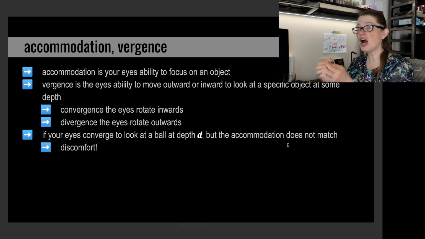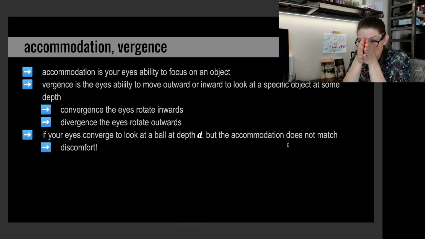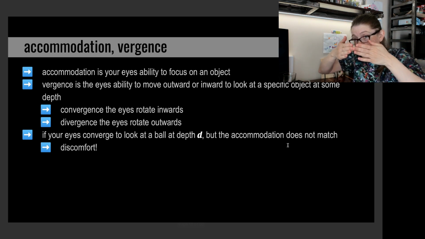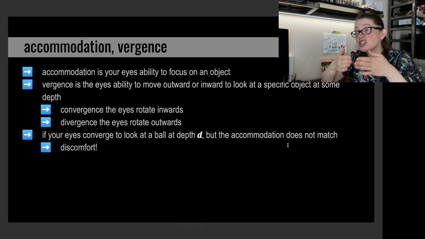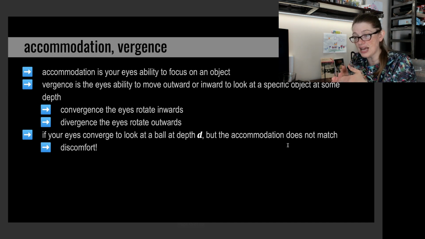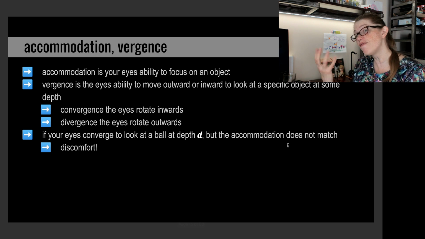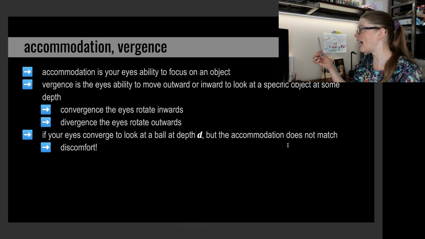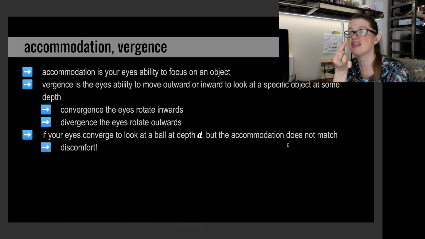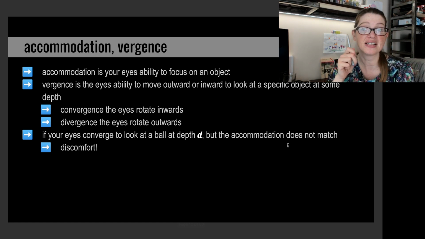Vergence is your eyes' ability to move slightly outward, away from each other, or pointing inward towards each other to actually look at a particular object at some given depth. So if you were to actually film yourself looking at an object, I guess I have a pen here, really close like this, this experiment is not going to work.